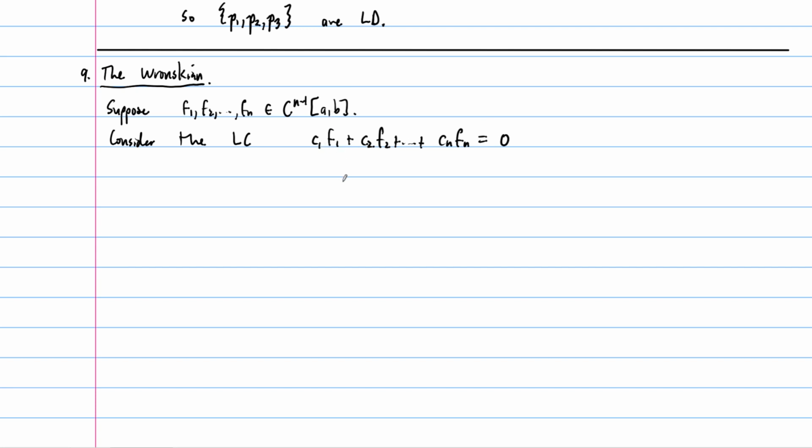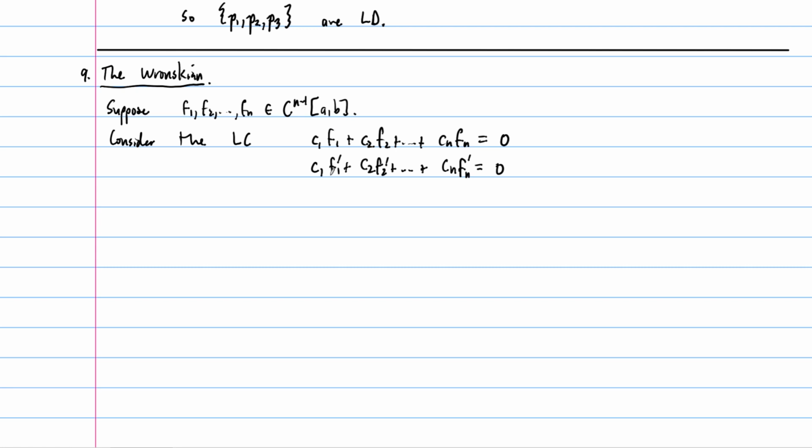Now, because these functions are differentiable and their derivatives are continuous, if this sum is equal to 0, we can differentiate this entire equation. We could take d by dx, or d by dt, whatever the independent variable is, and since the derivative is linear and these c's are just constants, we end up with c1 f1 prime plus c2 f2 prime, through cn fn prime has to be equal to 0 as well, just by the linearity of the derivative.